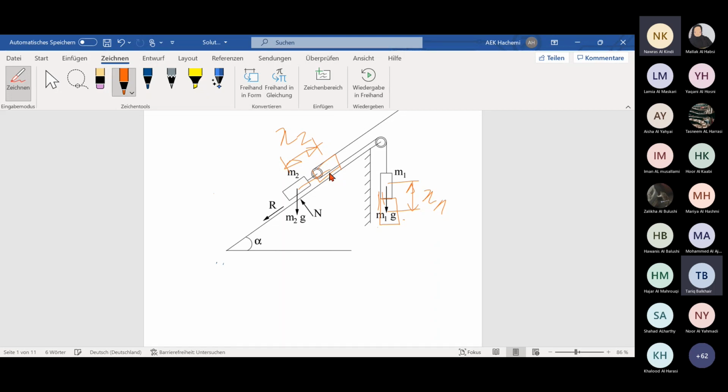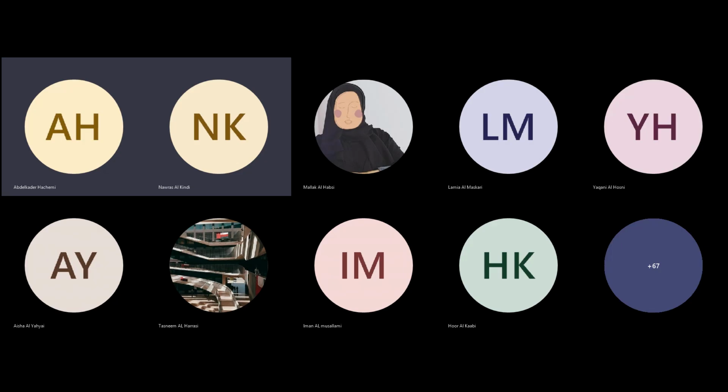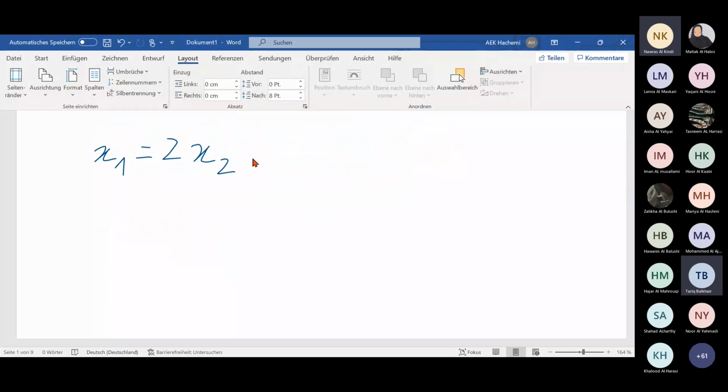Then in this case, we make this kinematic relation, and when you find the relationship between two different accelerations, there should be one additional equation. This additional equation will always be the kinematic relation.